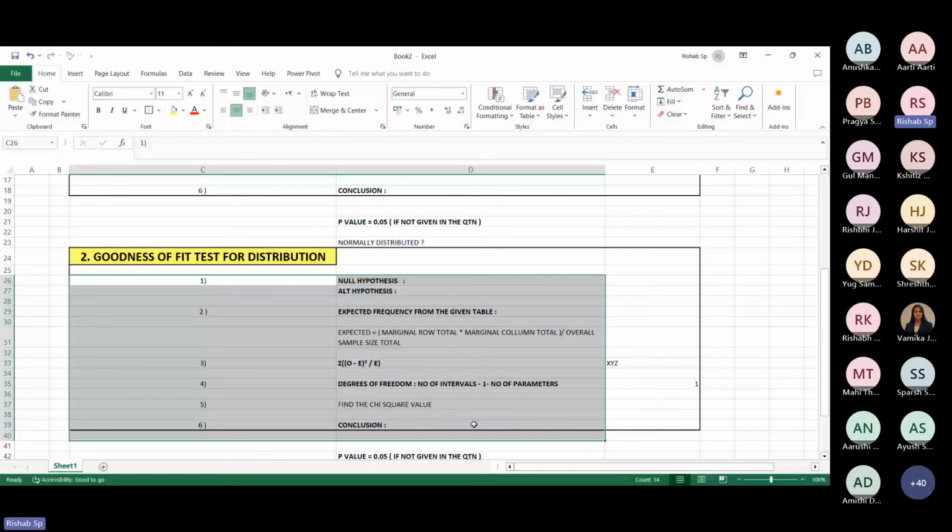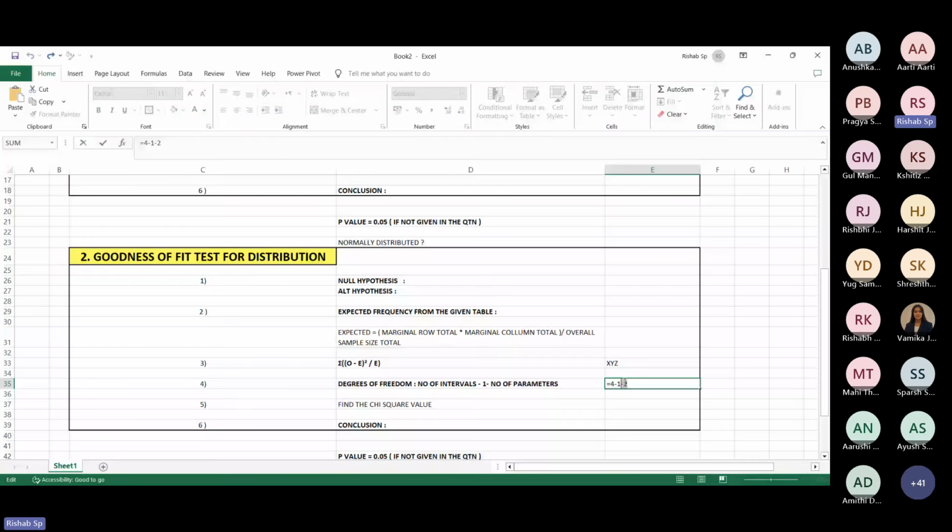For the exam, we are mostly focused on the exam perspective, so that's the end. Once we give the conclusion, the question ends. In real life, if it's not normally distributed, then you next check for the uniform distribution. Nothing changes except the number of parameters. I don't know how many parameters there are for the uniform distribution. If it's 3, let's assume you make it 3, then you will get another conclusion. Likewise, if you want to check multiple distributions and you are not getting a positive conclusion, you will check each distribution in turn. The only thing that changes is the number of parameters.